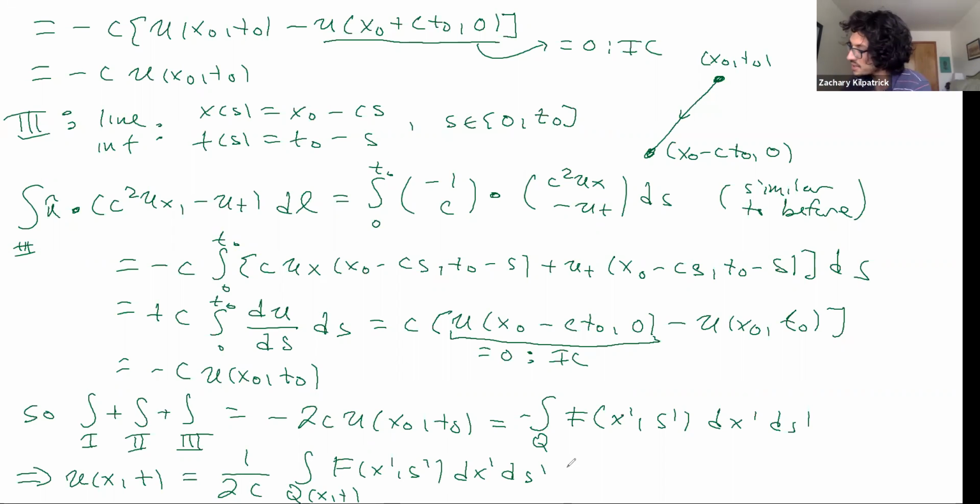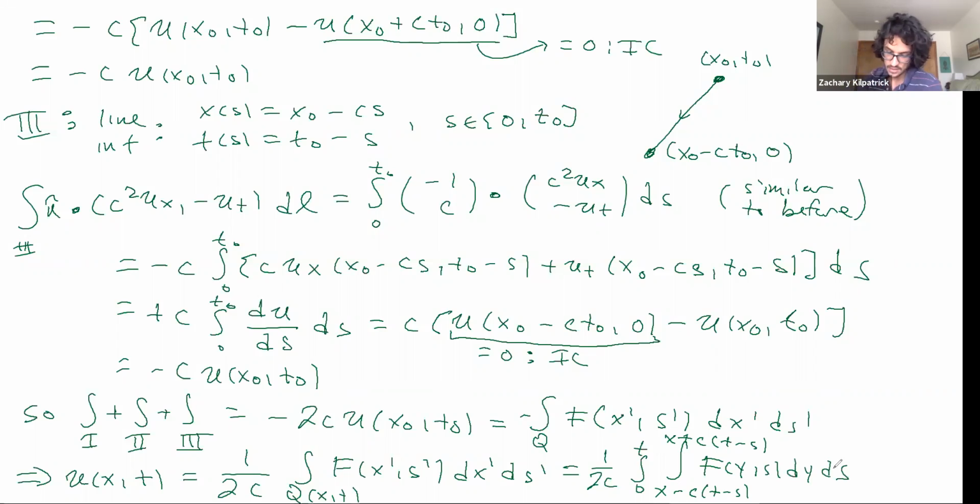Okay. I can write this out more fully as 1 over 2c integral from 0 to t, integral from x minus c times t minus s, to x plus c times t minus s, f of, let's say, y s dy ds. Okay. So our region, right? Again, it's going to be a triangle. I've just dropped the 0 subscripts there.